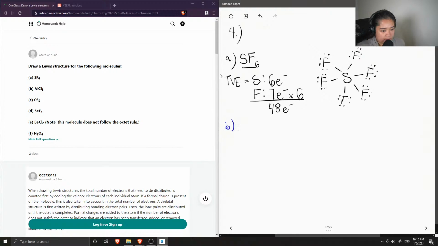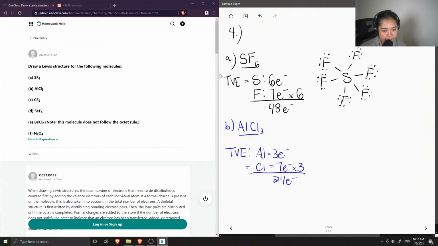Okay, so now let's do the next molecule, aluminum fluoride. The total valence electrons are the following, where aluminum has 3 and chlorine has 7, but there are 3 chlorine atoms, so we have a total of 24.